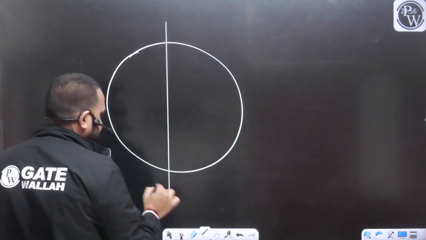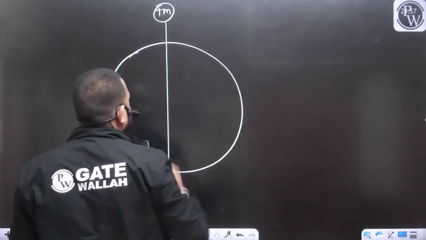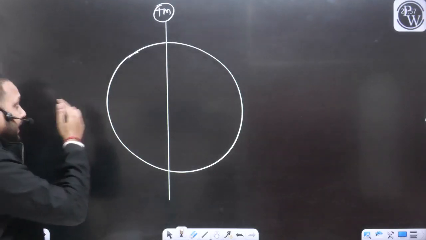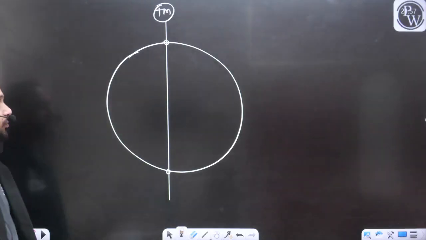Can I represent the true meridian something like this? The line joining the true north and true south pole is known as the true meridian.